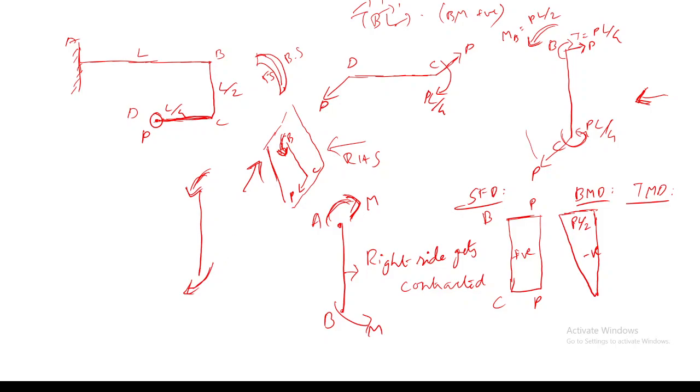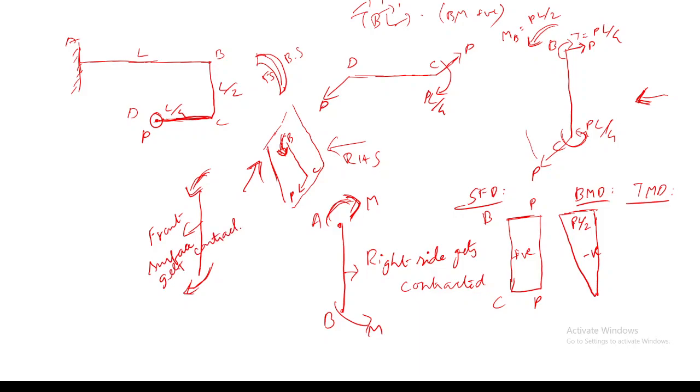Imagine you are having a pen towards you, and you are applying loads towards you. So the bending moment due to this, what happens, the front surface gets contracted. You can imagine like that. Here the front surface gets contracted.